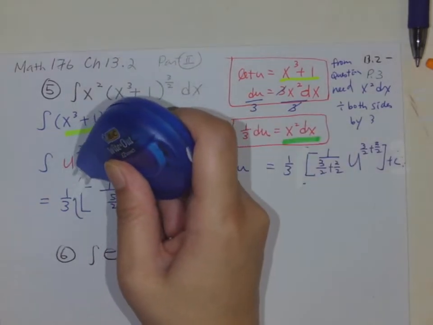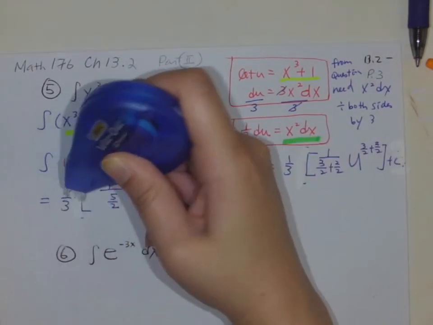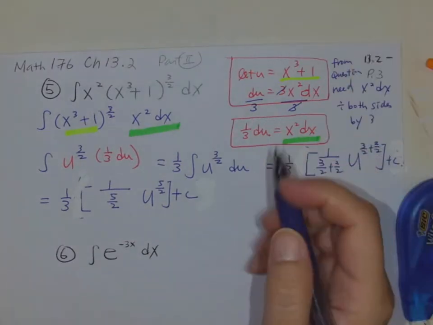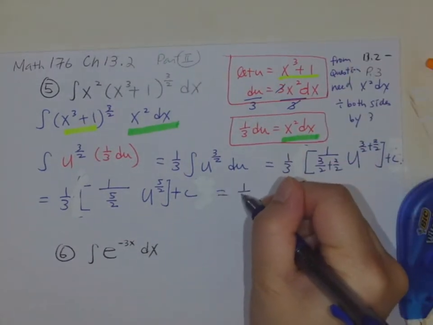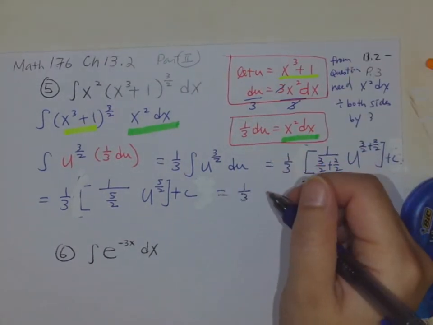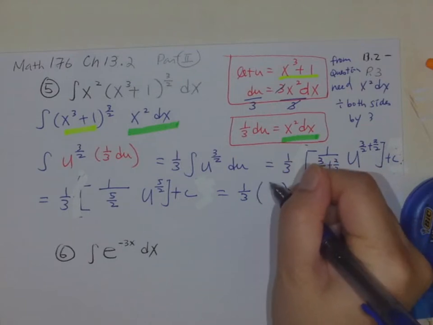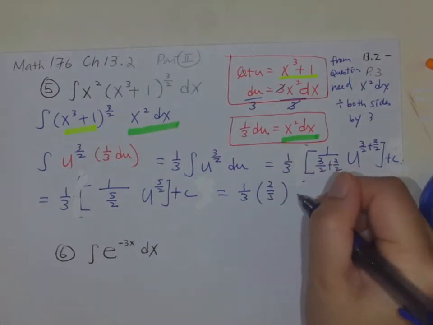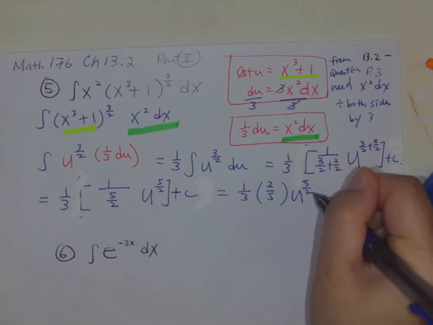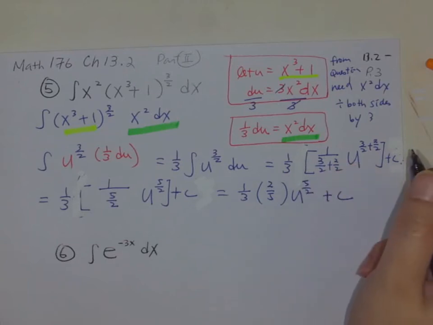Okay, so then what do we do? This is 1/3 times, this is going to be, flip it, right? 2 over 5, u to the 5 over 2, plus the c.